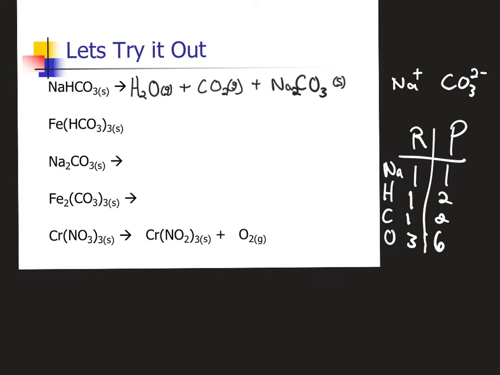Because if we write the right one in, now it looks really easy to balance, and it is. Now all I have to do is, not a 3, that's not right, I need to put a 2 there. Okay?